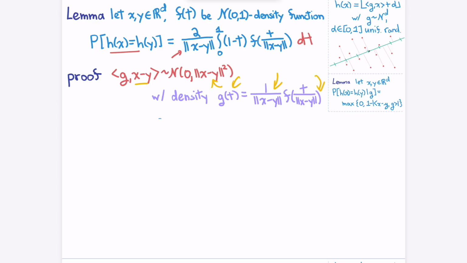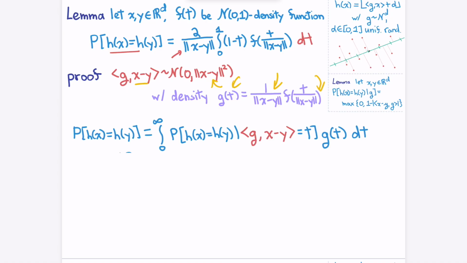This is like plugging into that awkward e to the minus x squared over 2 thing. So we'll just take that as given because it's not that fun to double check this. Yeah. So f of t is just the density function, the thing that goes inside the integral for the unit variance Gaussian, the normal one.